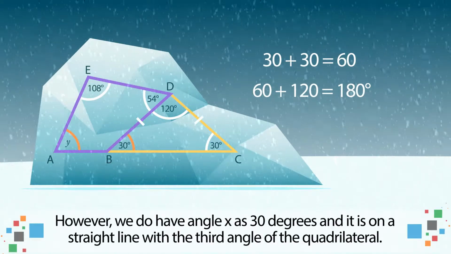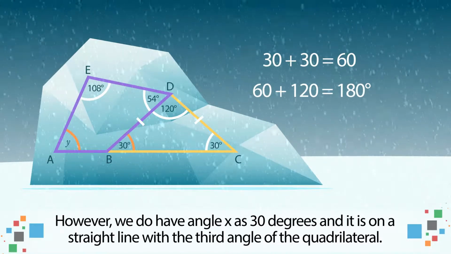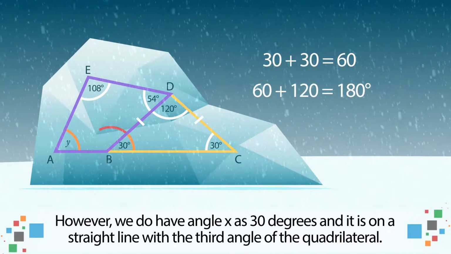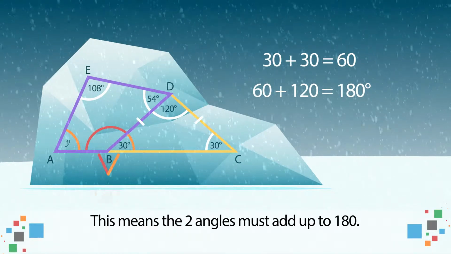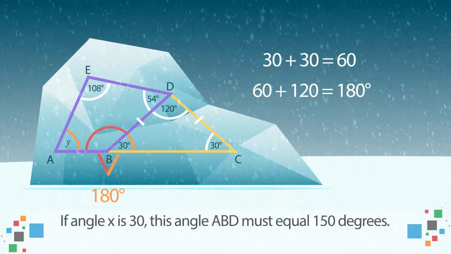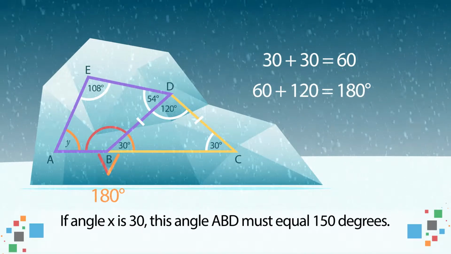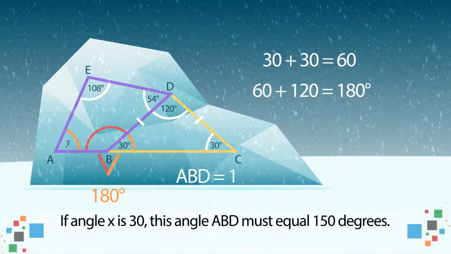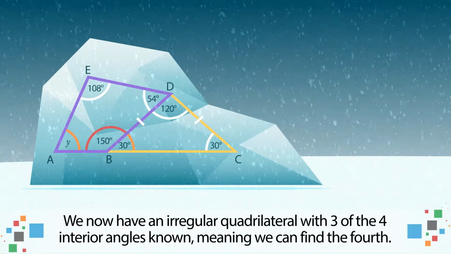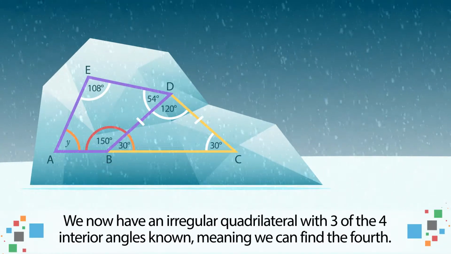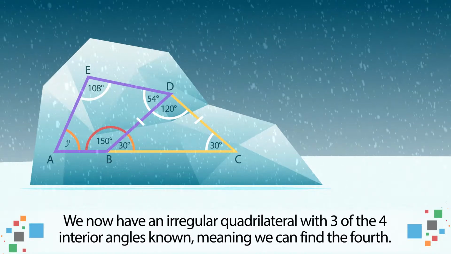However, we do have angle x as 30 degrees, and it's on a straight line with the third angle of the quadrilateral. This means the two angles must add up to 180. If angle x is 30, this angle ABD must equal 150 degrees. We now have an irregular quadrilateral with 3 of the 4 interior angles known, meaning we can find the fourth.